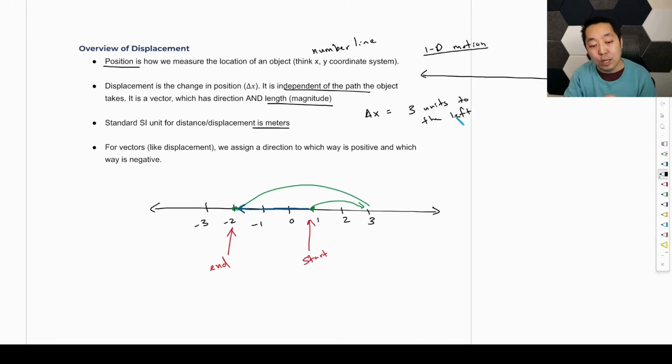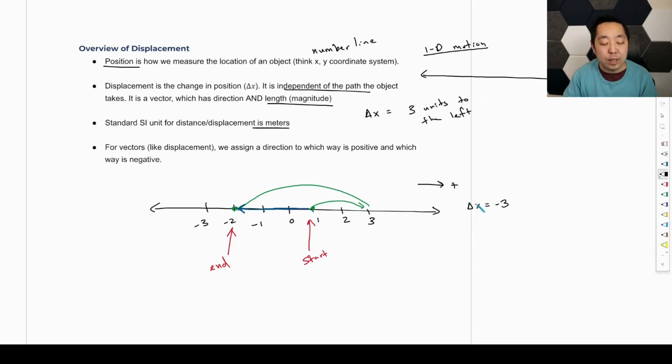Now, in a normal number line system, okay, the numbers are increasing to the right, so we say right is the positive direction, in this instance. And so the displacement, we would say, is -3 because the arrow is pointing to the left, and the length of it is 3, so it's negative. The negative denotes that it's pointing to the left if we say right is positive.